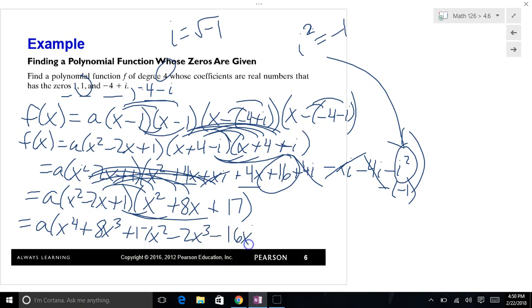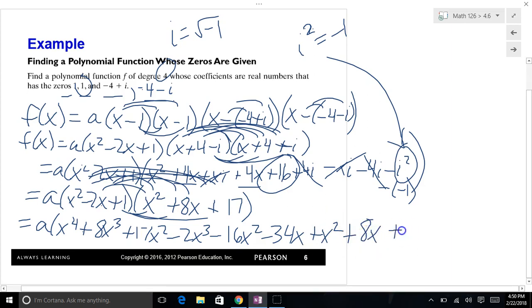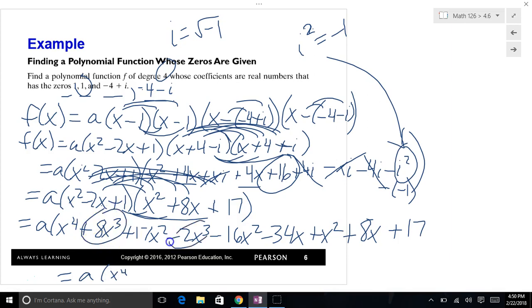Minus 16x squared minus 34x. Then I take the 1 through to everybody, plus x squared plus 8x plus 17. So I've got a, parentheses, x to the 4th. Let's see, 8x cubed minus 2x cubed, so I got 6x cubed.